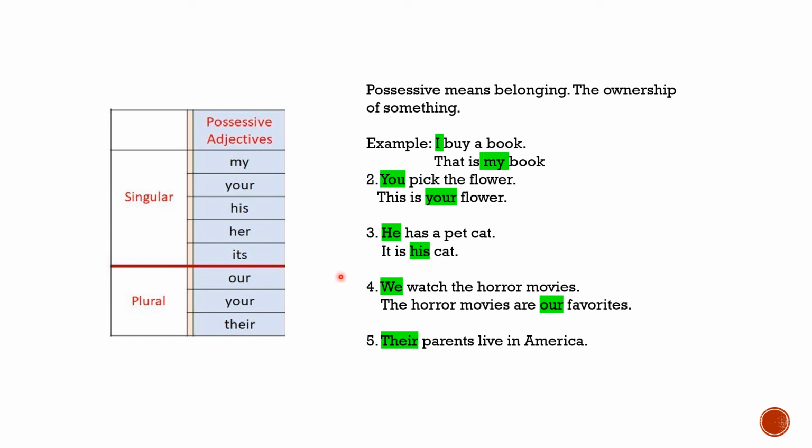So it's also similar for plural. The difference is in terms of number. We all know plural is more than one person or more than one doer. So for we, it becomes our, and for you plural, it becomes your, and for they, it becomes their.